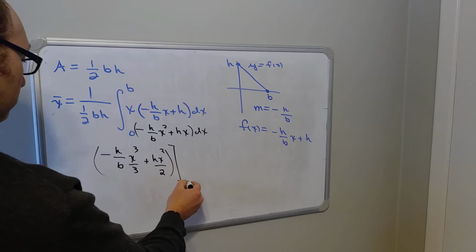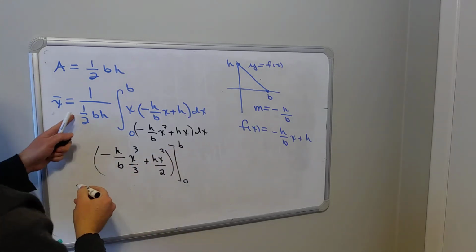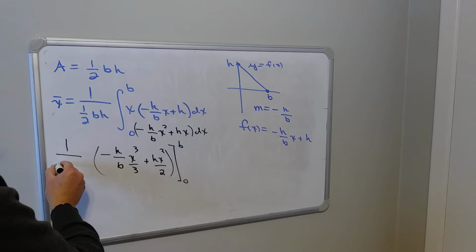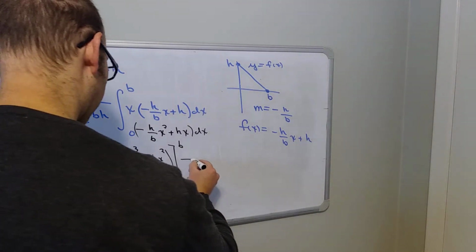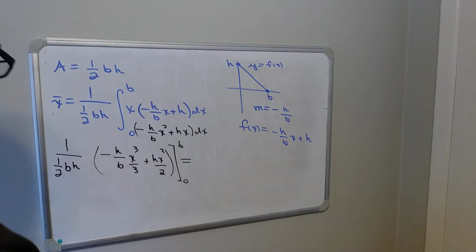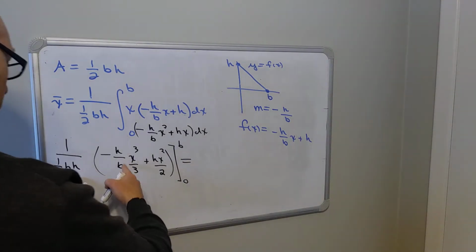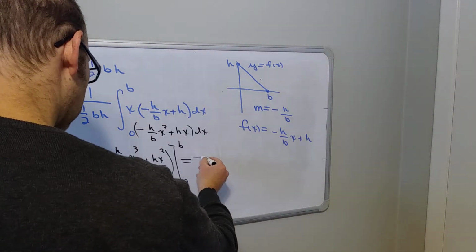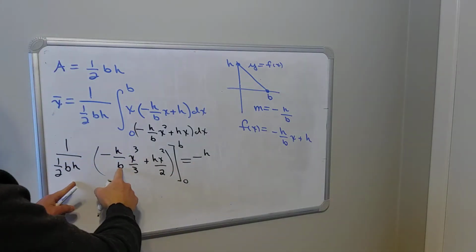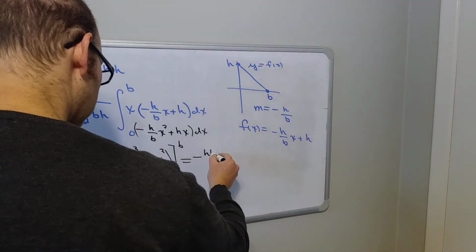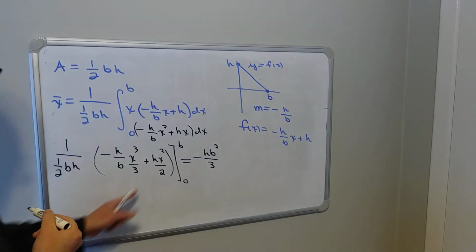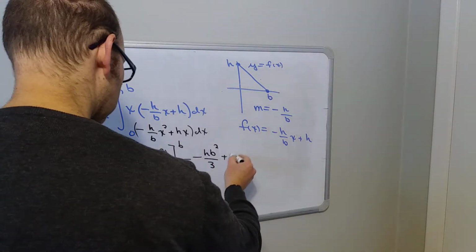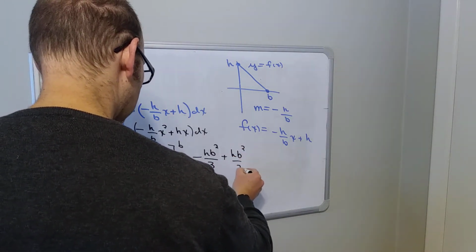We can evaluate it from 0 to b. And don't forget, we do have to multiply by 1 over 1/2 b times h. So let's see what we get. Plugging in b we would get negative h, b cubed over b is b squared over 3, plus hb squared over 2.